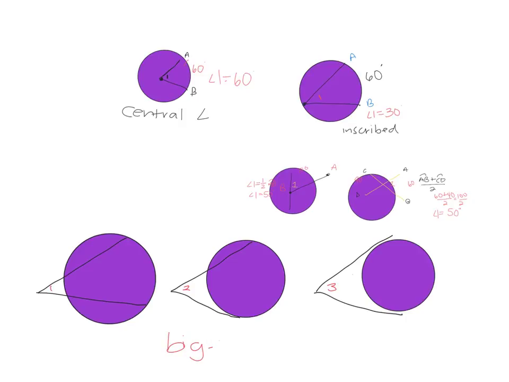Good. Big minus little divided by 2 is going to give me the outside angle. So whether I have the angle and one of the arcs, or I have both arcs and not the angle, or with tangents, I can have one arc, then I can find the rest of it. They always have to give you one of the arcs. With the tangents, you have to either have the angle or one of the arcs. With everything else, you have to have 2 of the 3.